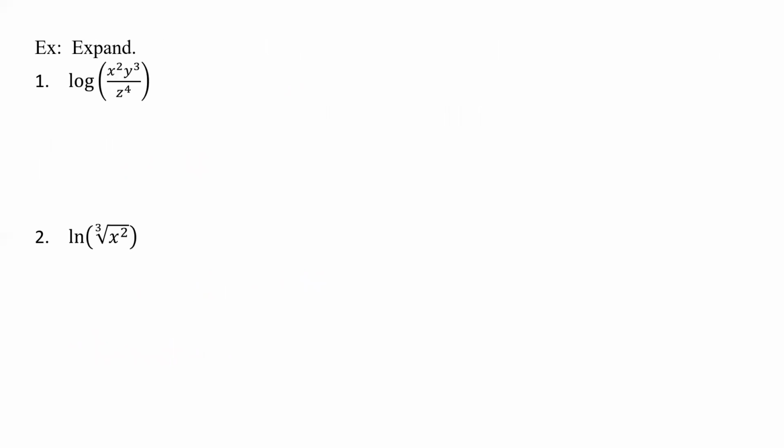All right, so let's do some expanding here. And again, we can do this one two ways. One way, we could say, okay, let's bring that z to the 4 up to the top, and now this is log of x squared times y cubed times z to the negative 4, which is going to be the log of x squared plus the log of y cubed plus the log of z to the negative 4.